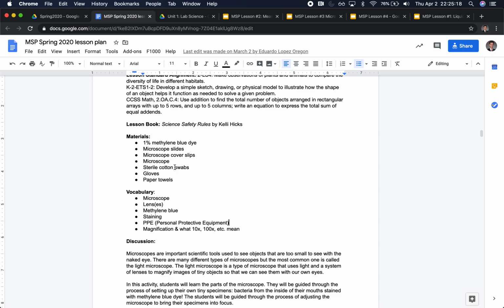The slides take a little while to dry. So I had the students come up, give me their slides, and I put the methylene blue on. While they were drawing, the previous group was looking at their slides. Once the next group's slides were dry, I called up another group to prep their slides while those original students looked at theirs.